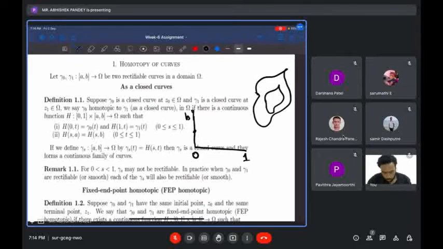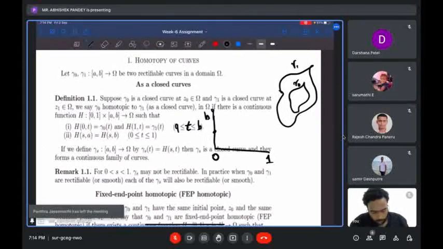So what this condition means is that H of 0 comma t equals gamma naught of t. Let us say this is your gamma naught and this is your gamma 1. So H of (0, t), where t belongs to [0,1]. So this should be t, where t belongs to [a,b].